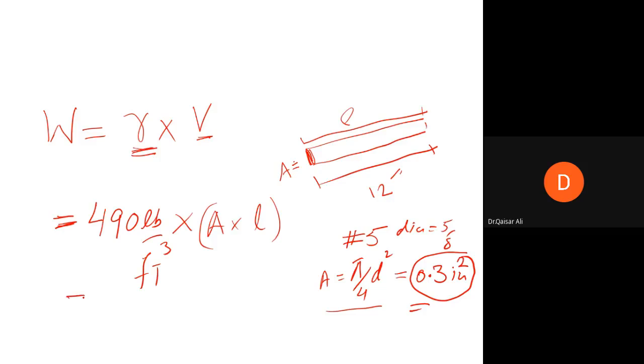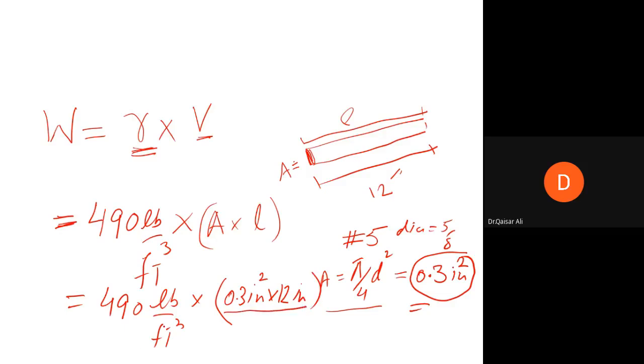Now multiply this by 490. It is pound per cubic foot, and the area is in square inches, 0.3 square inch, multiplied by 12 inch. We have to convert these into feet because we have feet in the denominator here. So this must be divided by 144 and 12. This 12 will be cancelled with this.